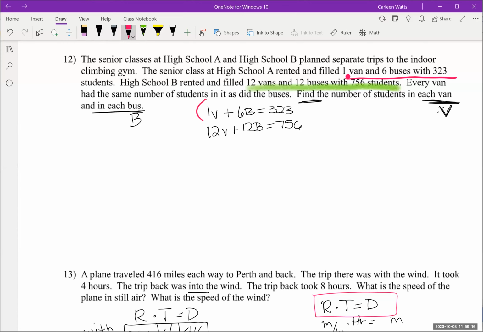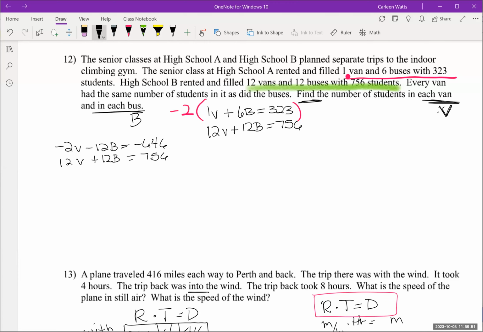Multiplied by -2. So we have -2V minus 12B is equal to -646. Okay, here's the other one. 12V plus 12B is equal to 756.